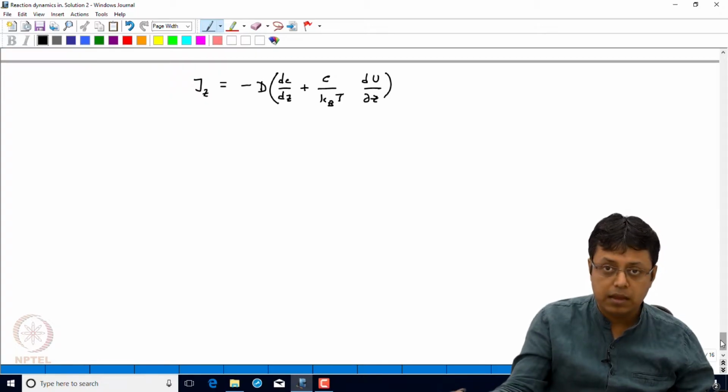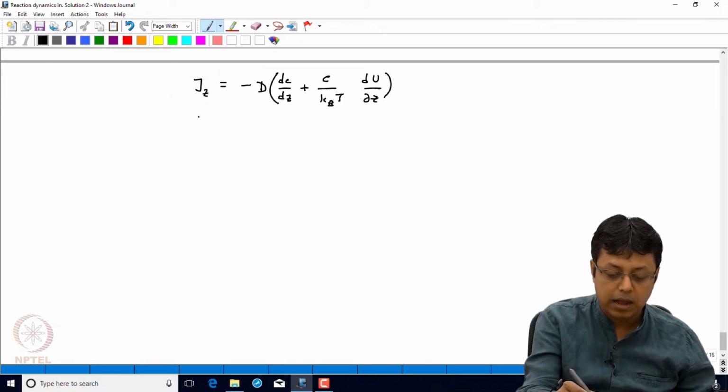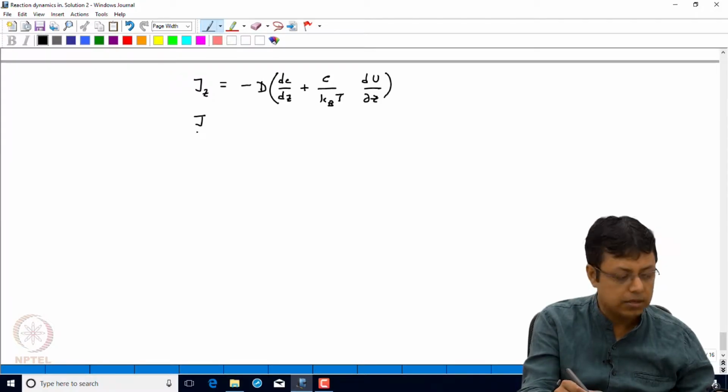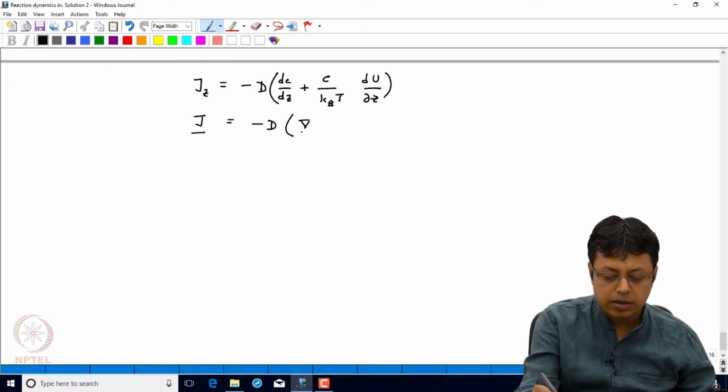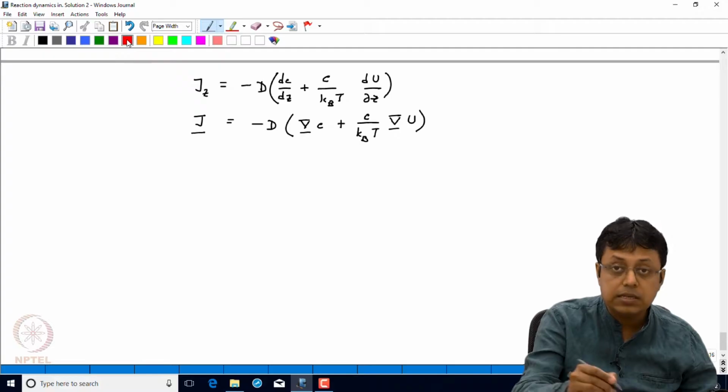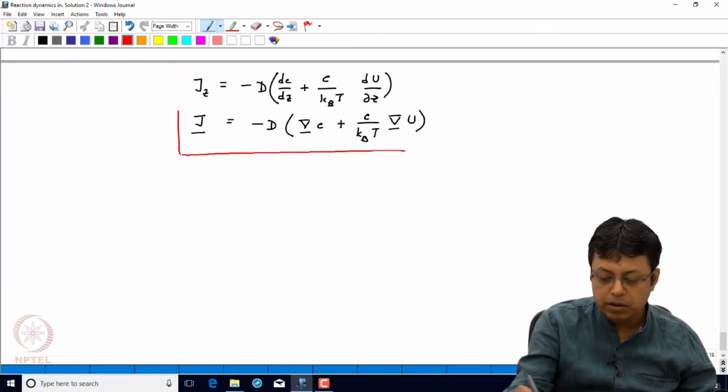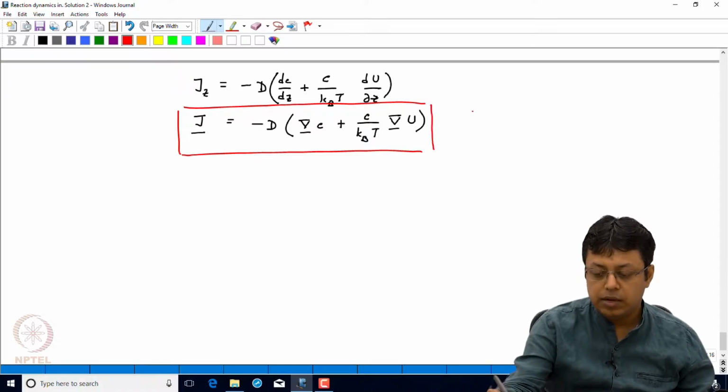So we can now say by analogy that actually this is the Z component of the flux, but in reality the total vectorial flux will be something like minus D into, instead of d dz, the three-dimensional gradient of the concentration, plus we will have c by kBT and the gradient of the potential. And so this is a general equation for the flux, including the effect of ionic mobility in 3D.